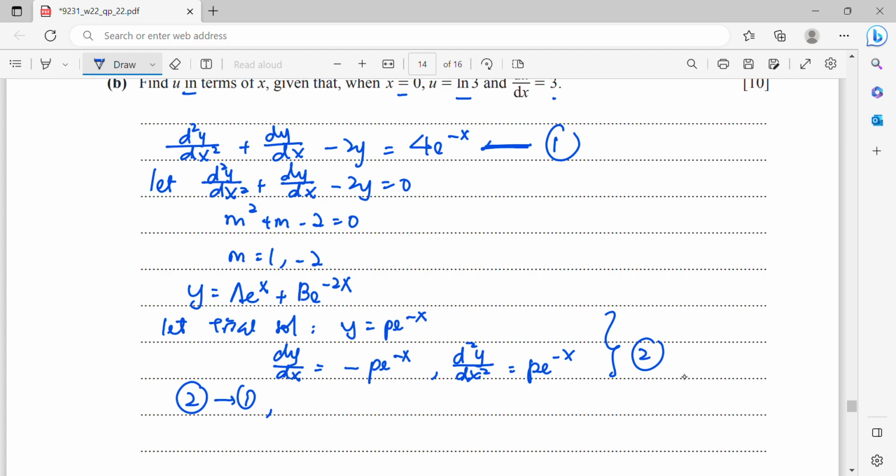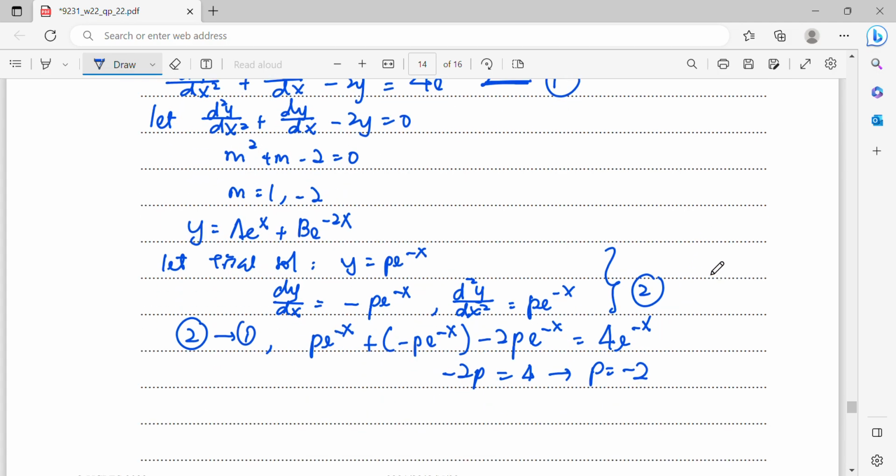So I will get pe^(-x) plus (-pe^(-x)), which is our dy/dx, minus 2y, equals 4e^(-x). The first two terms will cancel off, then I will get -2p = 4 when you compare the coefficient for e^(-x). Hence, my p will be -2. Once you get p equals -2, you can just write the particular solution.